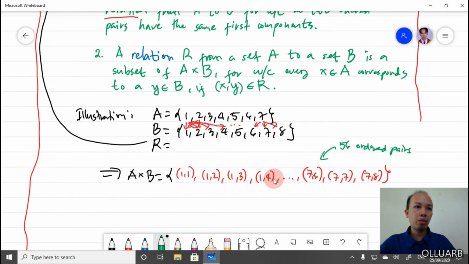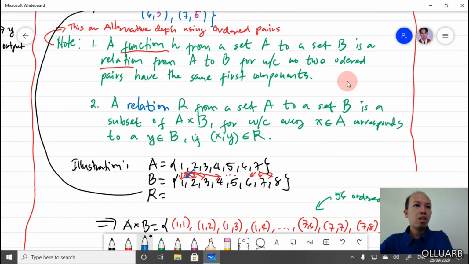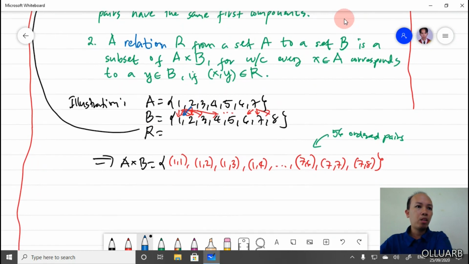We have 2 5 and 3 1. Every element of this set is also an element of A cross B. That's why a relation is a subset of the Cartesian product A times B.